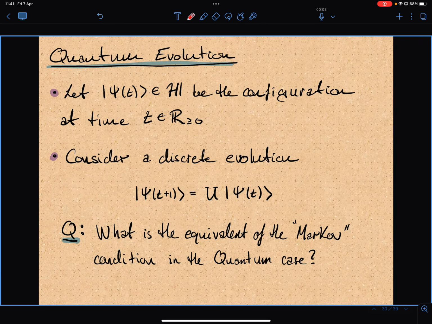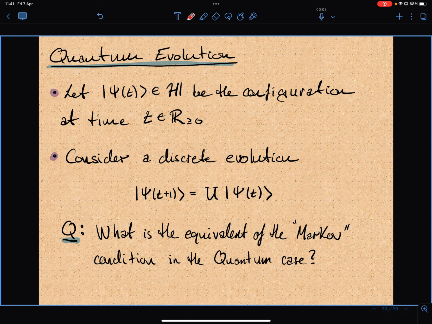So going into the quantum case, we want to do something similar, and I want to look at the discrete evolution. The evolution is going to be given by a linear transformation by a matrix U. Here, I denote psi of t to be a configuration at some time t.